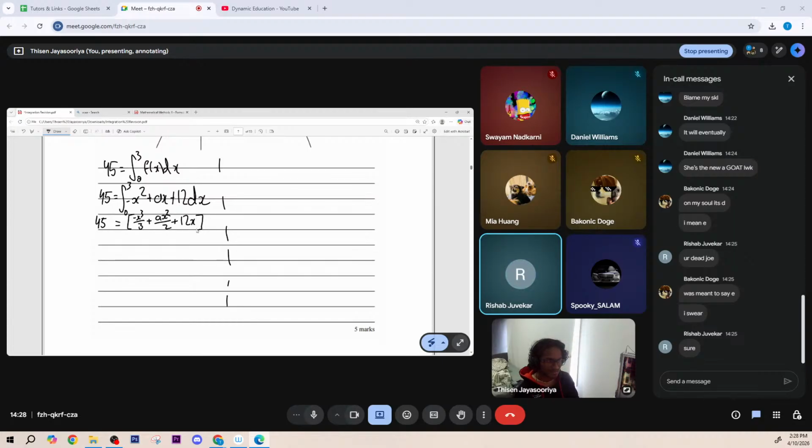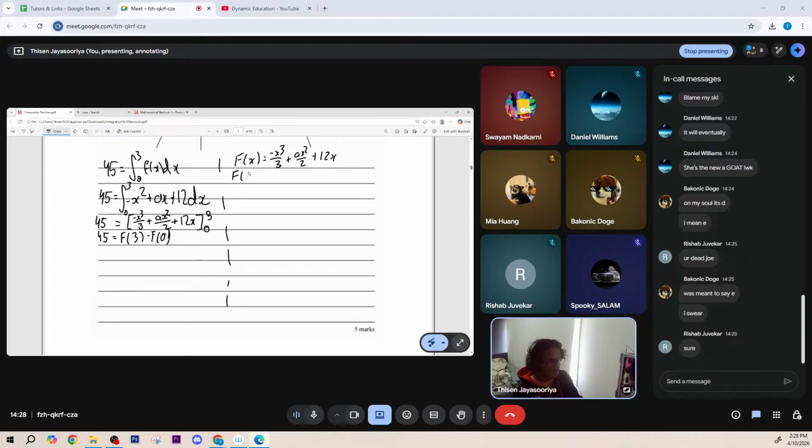And then you have to do it for 0 and 3. So then here, that means 45 equals F of 3 take F of 0. This is just the fundamental theorem, and I'll put F of x as negative x cubed over 3 plus ax squared over 2 plus 12x.